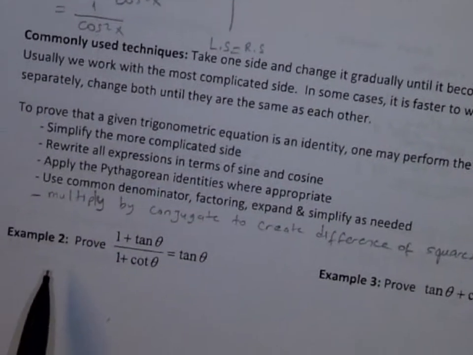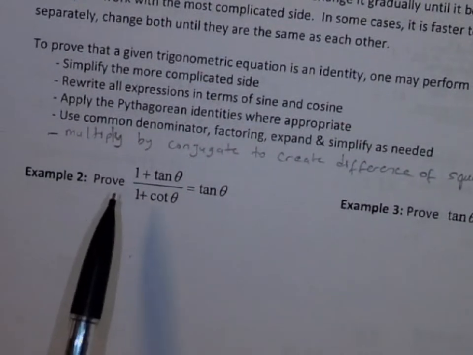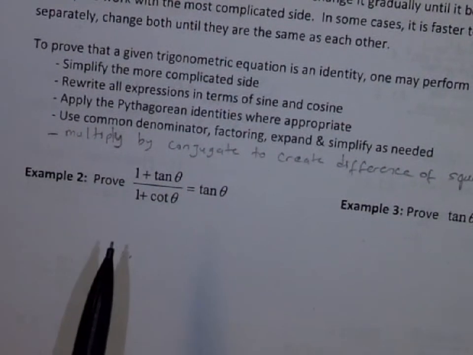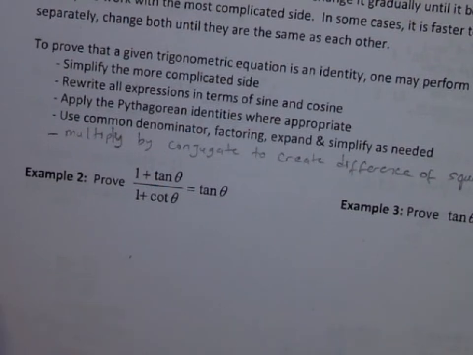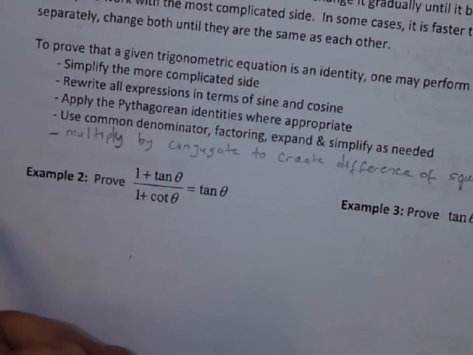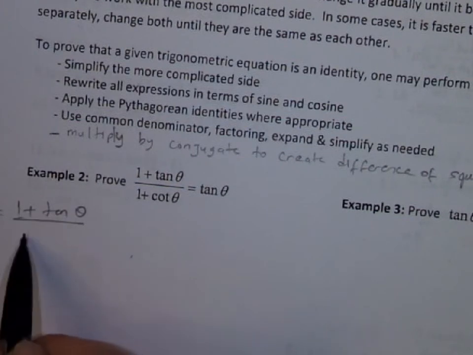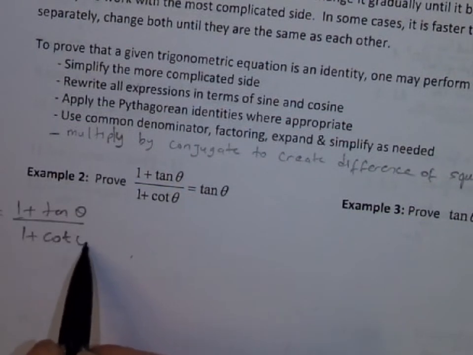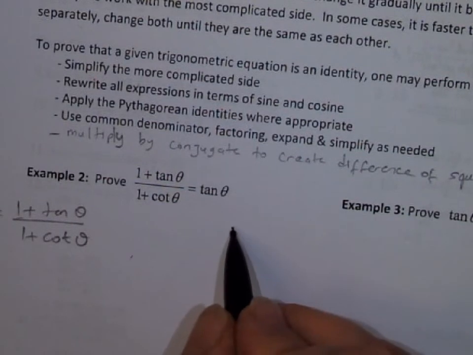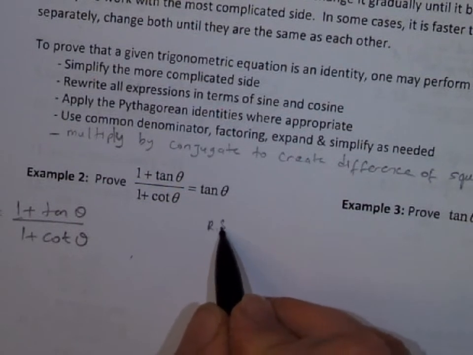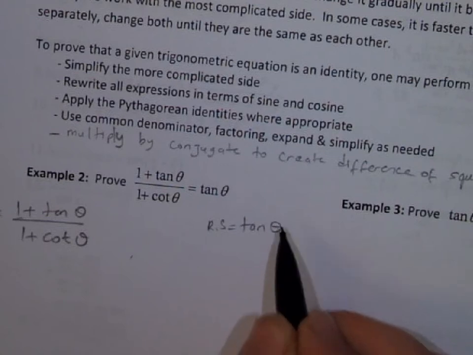Okay, let's look at example 2. It says prove 1 plus tangent theta over 1 plus cotangent theta equals tangent theta. So first step, separate left side and right side. Right side is tangent theta.